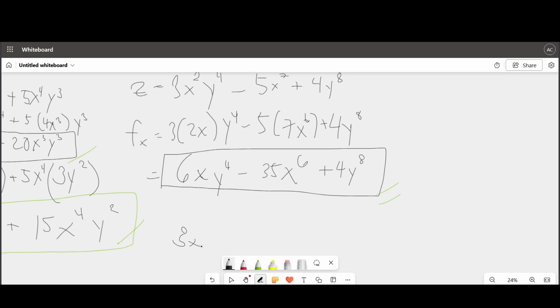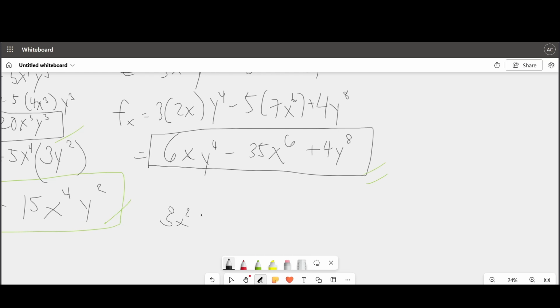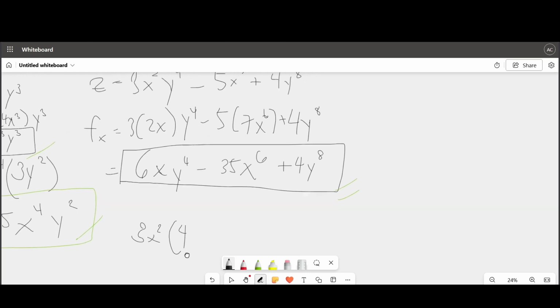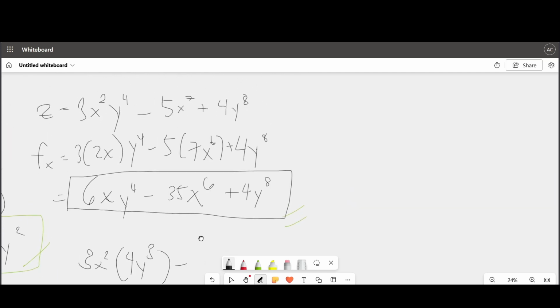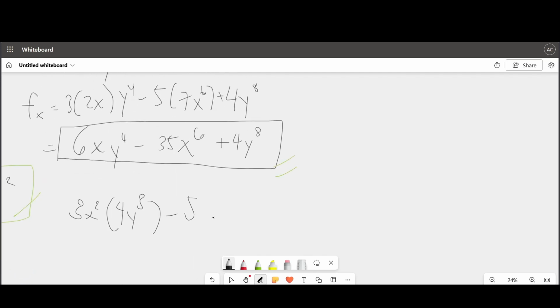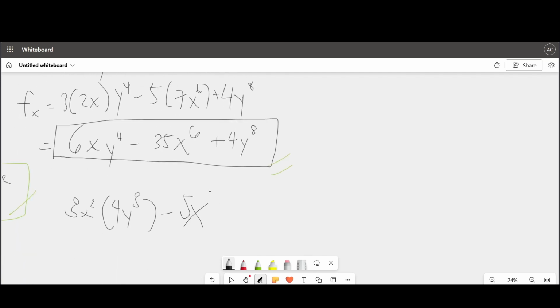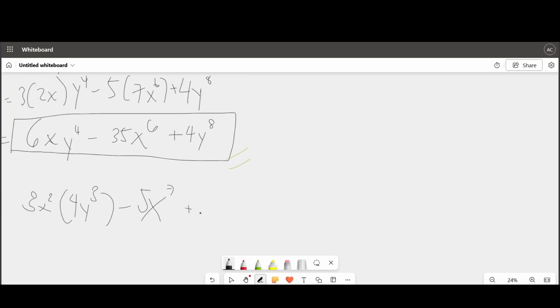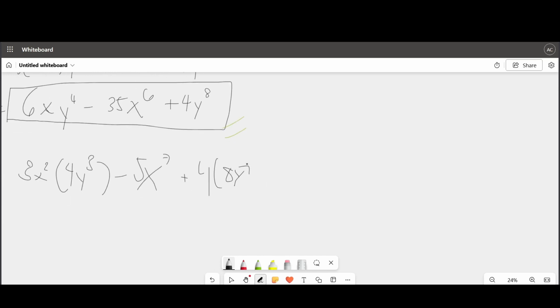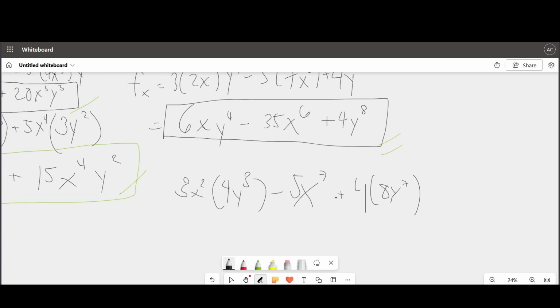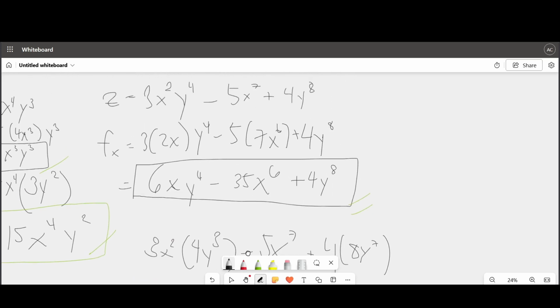Okay, so let's go back. Let me just see if it's still recording. Yeah, it's still recording. Okay, so let's isolate y in this function right here. Okay. Oh, look, I mean, isolate x. Just a correction. We gotta isolate x. So, yeah, 3x squared and 4y cubed minus 5.